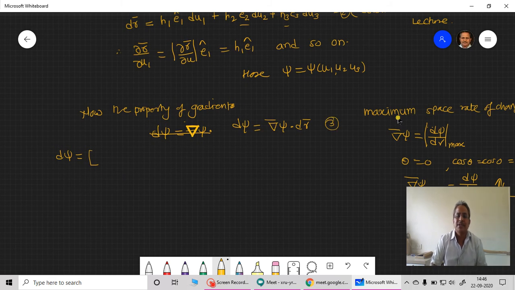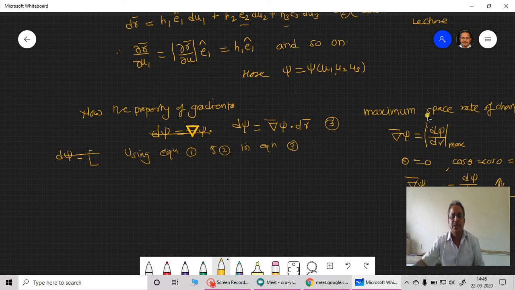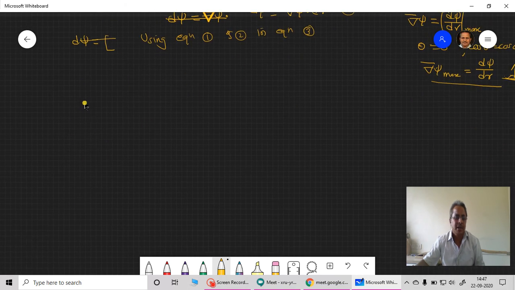Now I have to use this dr bar and this. So using equations 1 and 2 in equation 3, use both of these equations here and let's see what we get. We will get d psi is equal to, in the first bracket, f1 e1 cap plus f2 e2 cap plus f3 e3 cap.